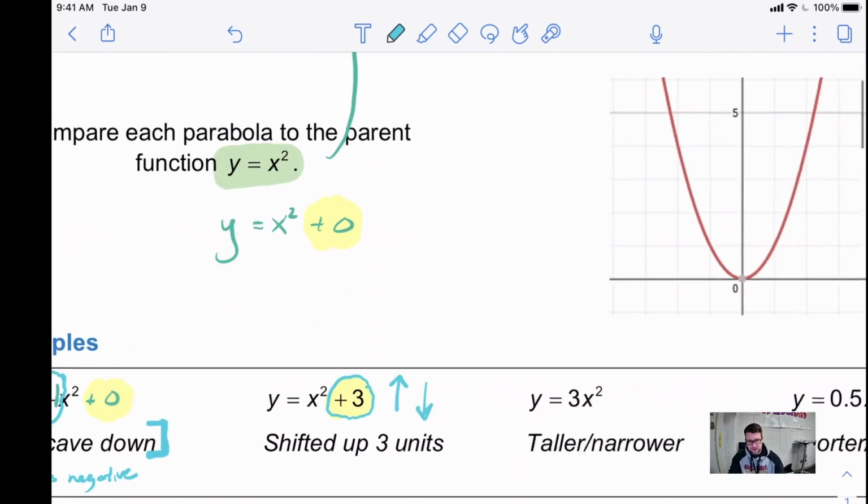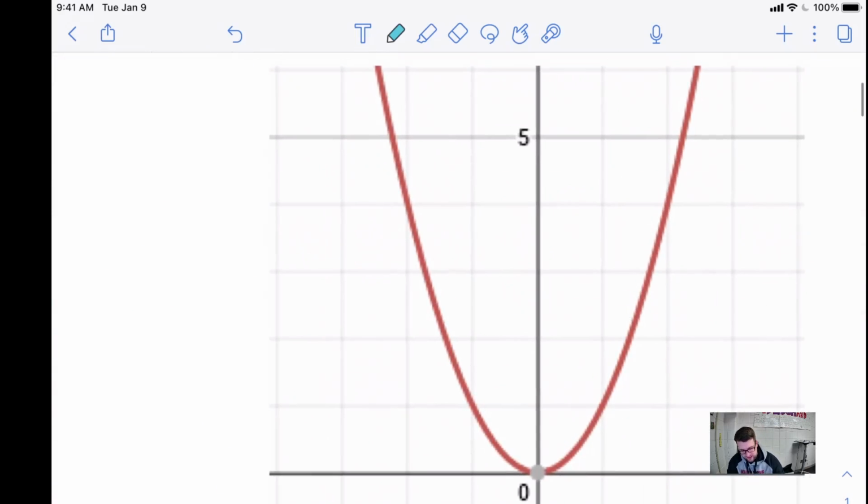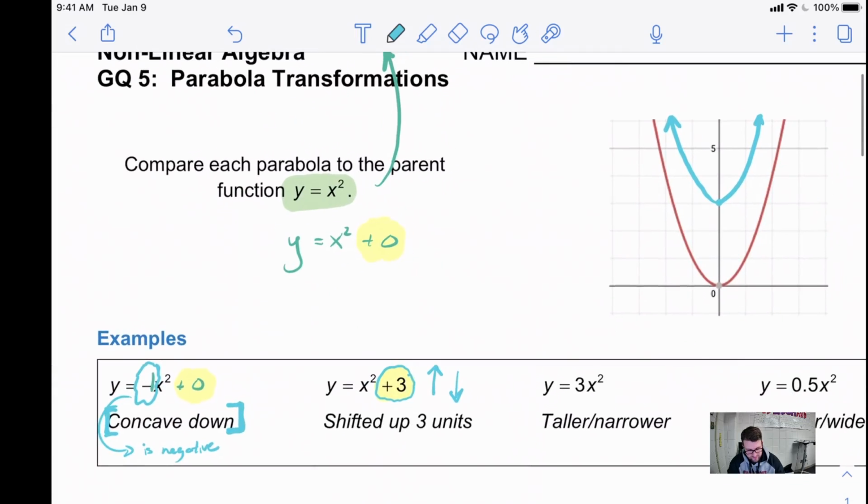If it's plus 3, then what you're going to see happen to your graph over here is that your graph is going to move up 3 units, kind of like we see right there. Versus where like the concave down one, if it's just that negative 1 in front, that's just going to flip your graph, and now it's going to be opening down like this.